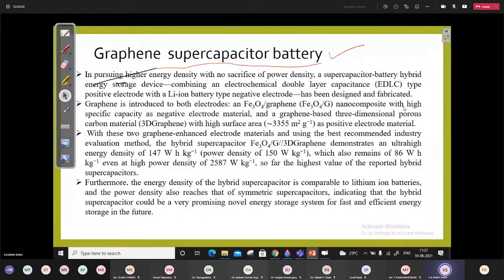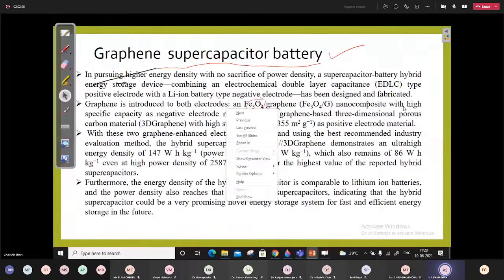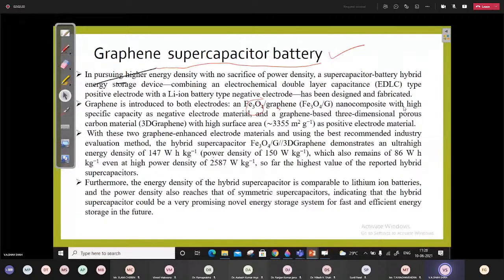That is Fe3O4, which is the material for the lithium ion battery, and that has been used with graphene, that is a nanocomposite with high specific capacity as a negative electrode material, and a graphene based three-dimensional porous carbon material, 3DG, with a high surface area of approximately 3355 meter square per gram as the positive electrode material.